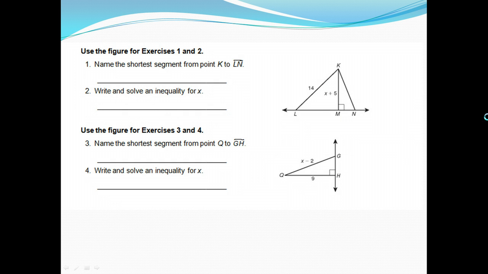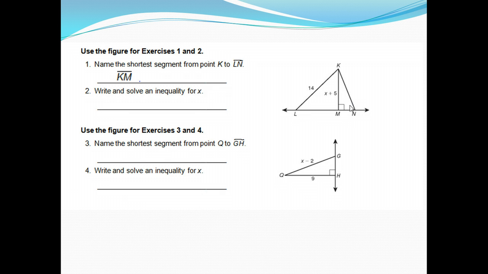Let's look at some problems. Name the shortest segment from point K to LN. Did you say KM? Let's write and solve an inequality for x.